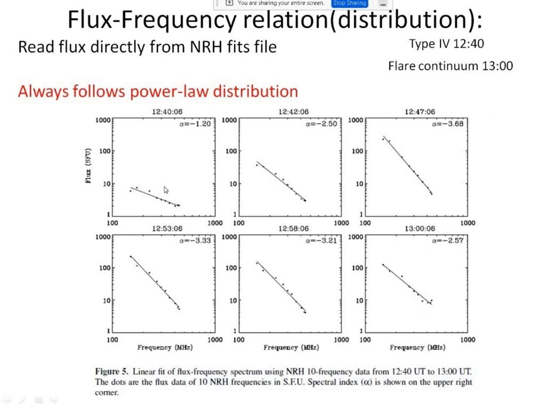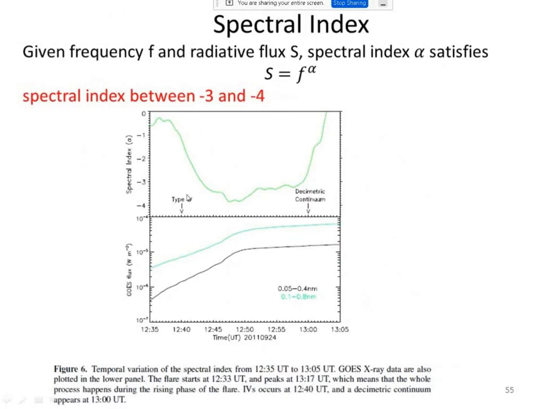As you can see, the flux frequency spectrum follows a power law very well, because this is log scale, and this is also log scale. They follow a power law distribution very well, and here is alpha, which is the spectral index I calculated.